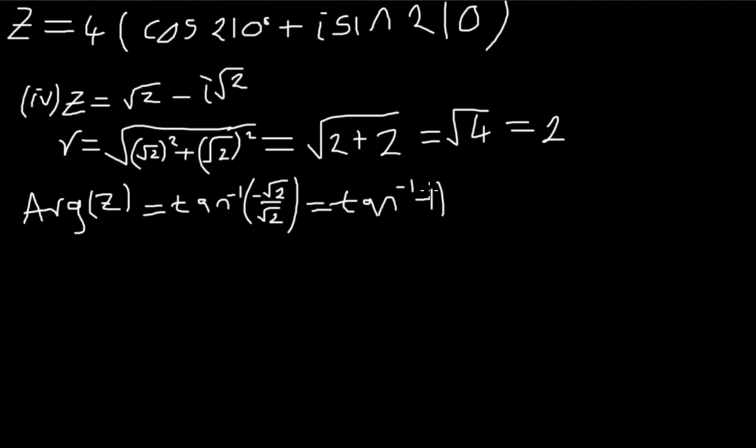So tan inverse of negative 1, you get your answer to be negative 45. So you're going to get negative 45 degrees.